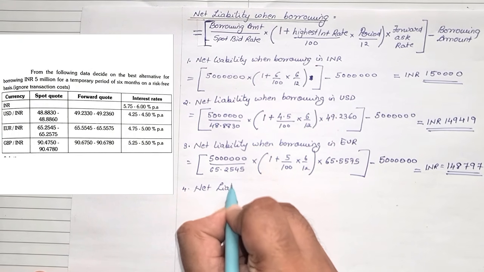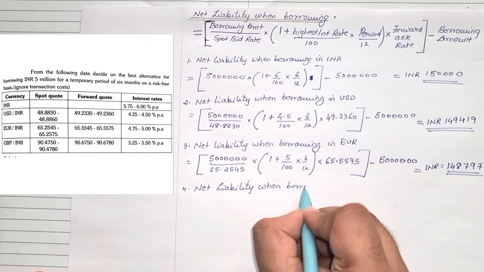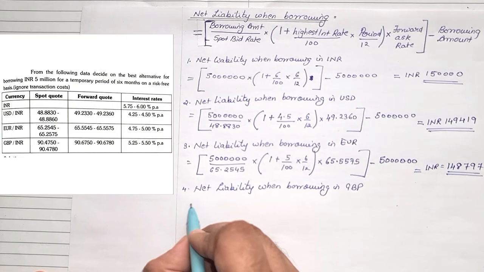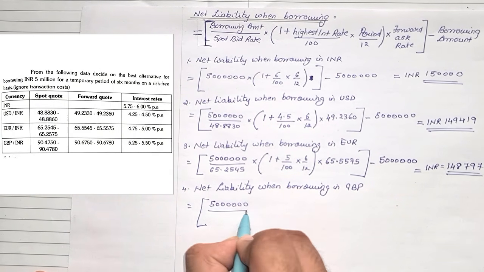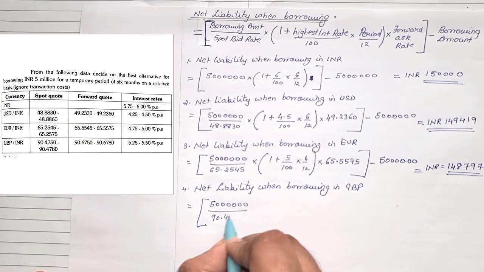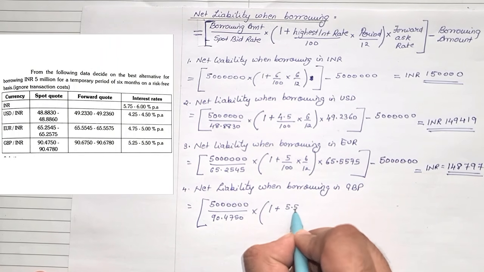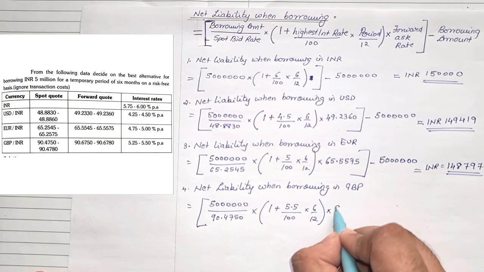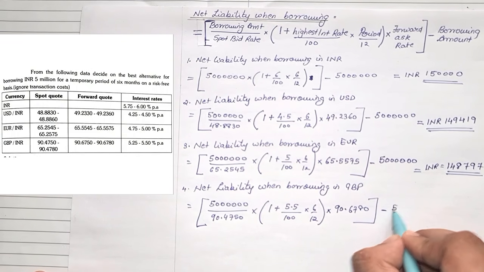Now last, there is one more currency there. So net liability when borrowing in GBP, formula similar, we have 50 lakhs upon the spot rate, which was 90.4750 into 1 plus the highest rate, which is 5.5 upon 100 into 6 divided by 12 into the forward, that is 90.6780, the whole thing minus 50 lakhs.